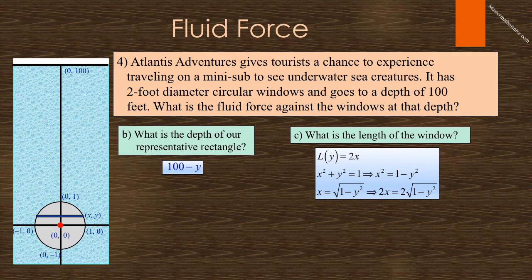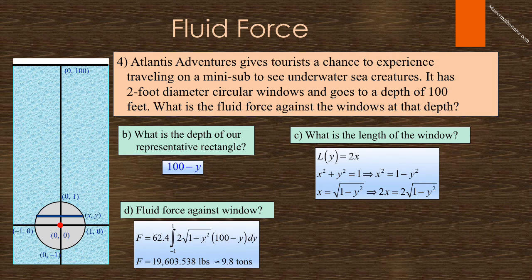Next, we need an expression to represent the length of our representative rectangle, and we know that is 2x. The relationship between x and y is x squared plus y squared is equal to 1, and x squared is equal to 1 minus y squared. So therefore x is equal to the square root of 1 minus y squared, and since we want 2x, that will be 2 square root of 1 minus y squared.